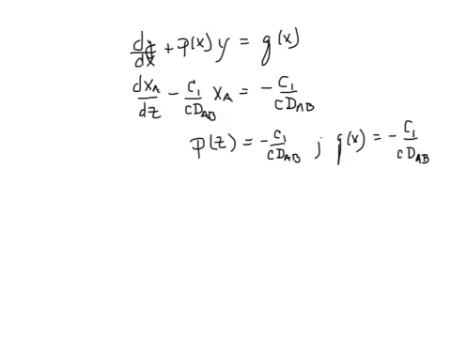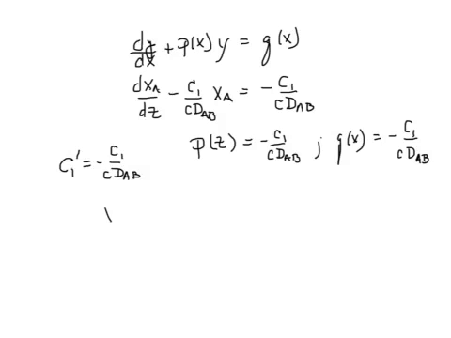So we can go directly to our solution and write it down. And to make this a little easier, we'll introduce a C1 prime, which will lump some constants together. We'll let C1 prime equal to negative C1 over C D_AB, just so we don't have to carry those constants around with us so much.